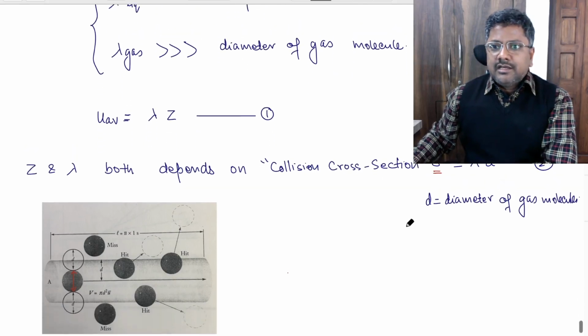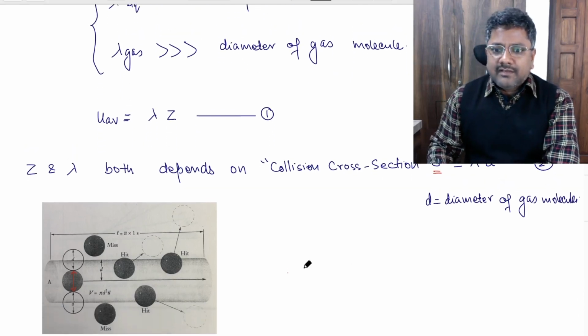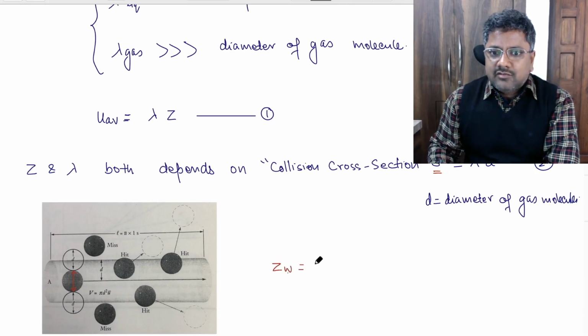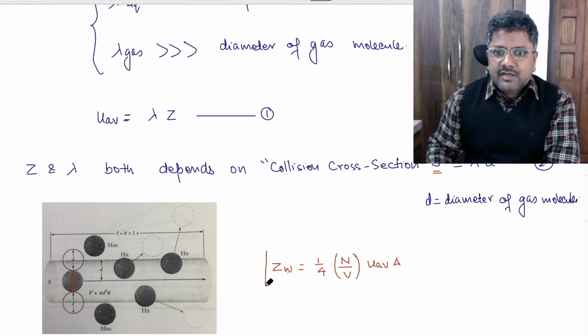So if you remember the formula I gave you for the collision with the wall of the container, that is Z equal to 1 by 4 N by V into U average into the area specified. So this formula all of you already know.